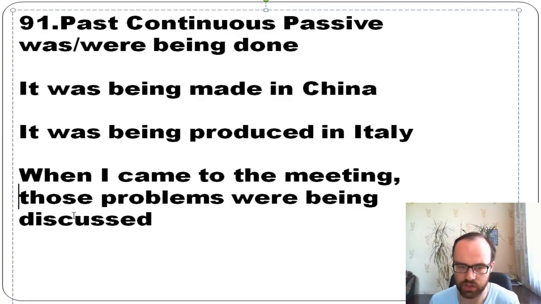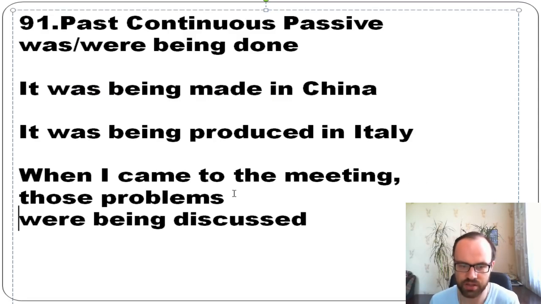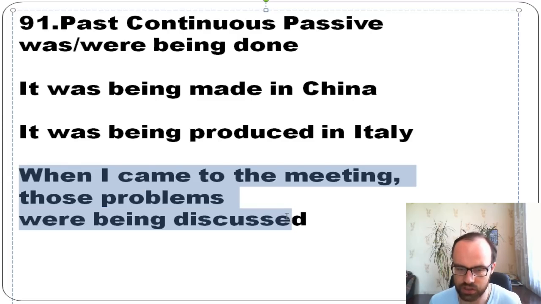And then let's look at one situation, because I think it's a good idea to learn English grammar in context. But don't think that it's only English grammar, so you can also use all these structures in speaking, in conversation. So when I came to the meeting, those problems were being discussed. Look, there are two actions.